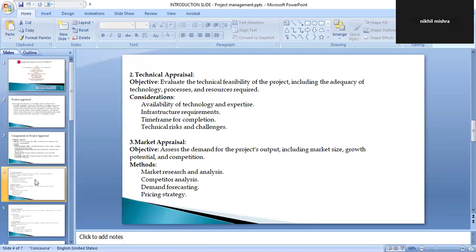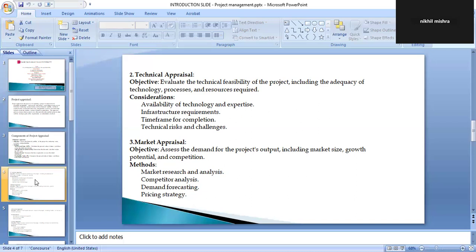Another aspect is the market appraisal. That is also very important. Market appraisal basically assesses the demand for that particular project's output. If there is no demand, then what is the need of implementing that project? It also includes the market size, growth potential, and competition involved with that project's output.